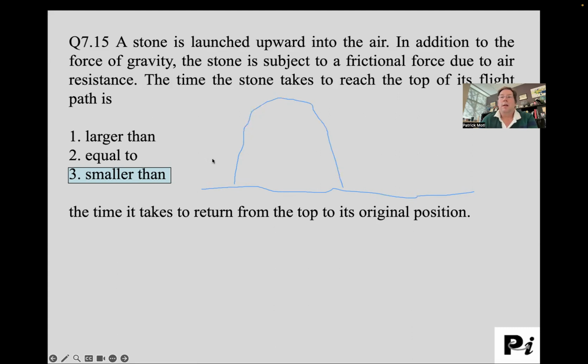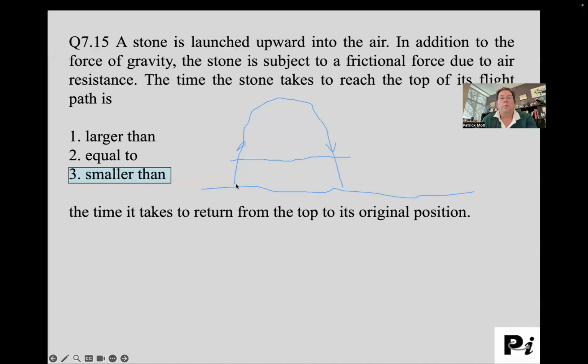The work done by air resistance, the frictional force, is always negative. It's always slowing down the stone. So if I compare points that are at the same height, going up on the left and down on the right, I can always pair those points up so that there's been more work done by the force of air resistance on the right-hand side than on the left-hand side.